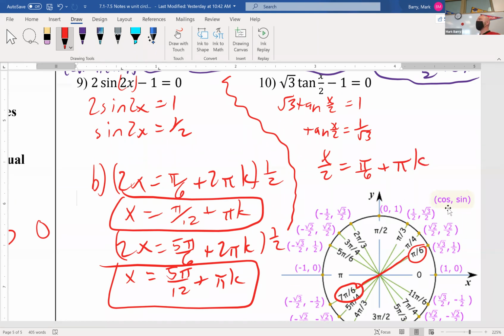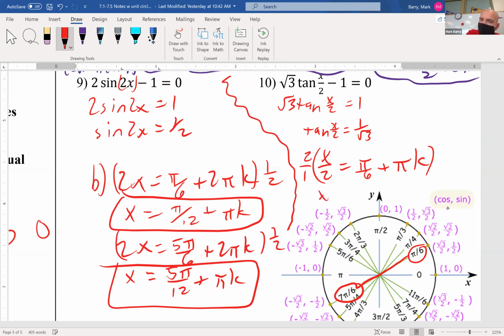But now, instead of equaling it to x, I equal it to x over 2. All right, so now I need to isolate x by multiplying both sides by 2 over 1.